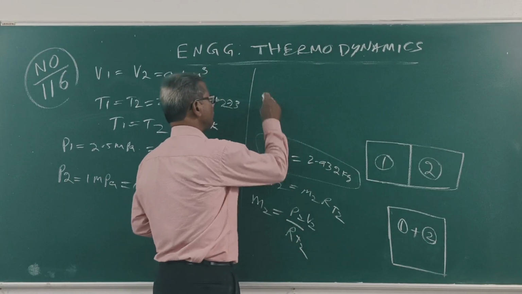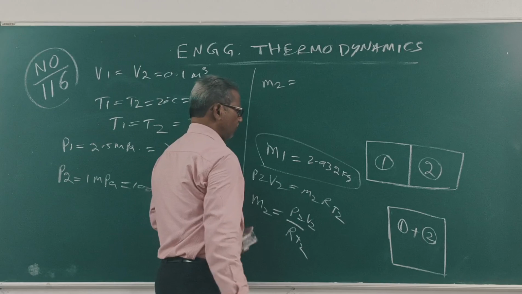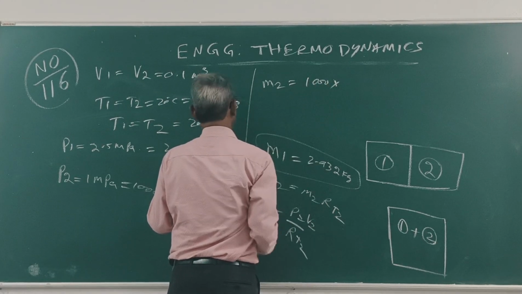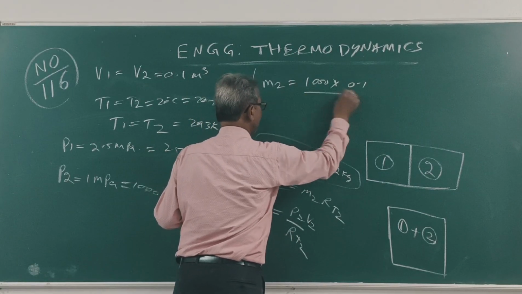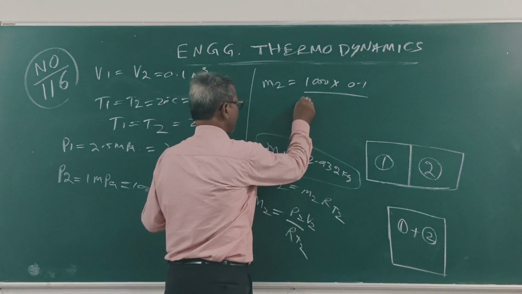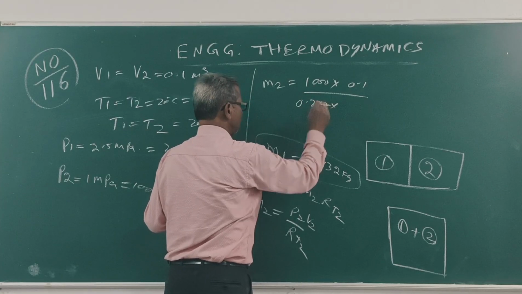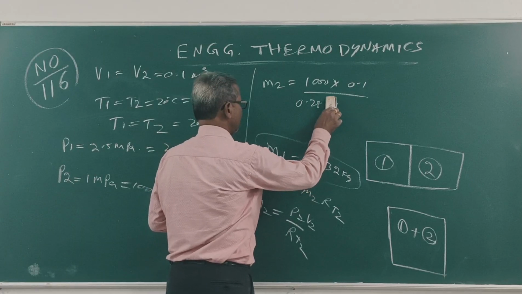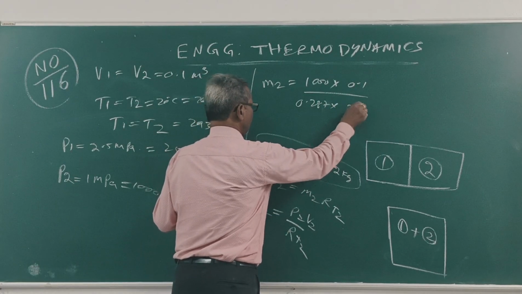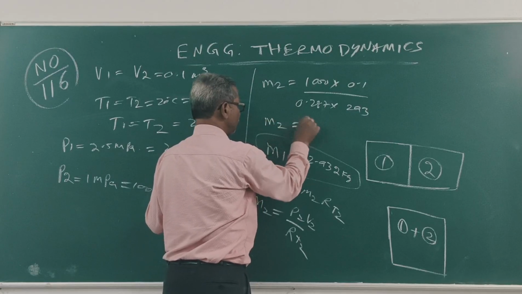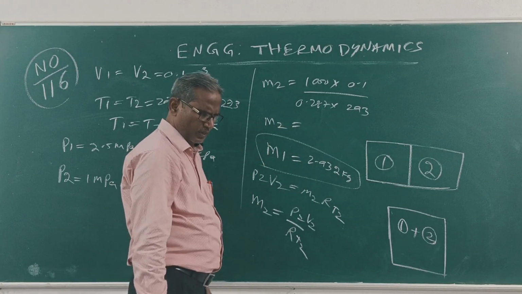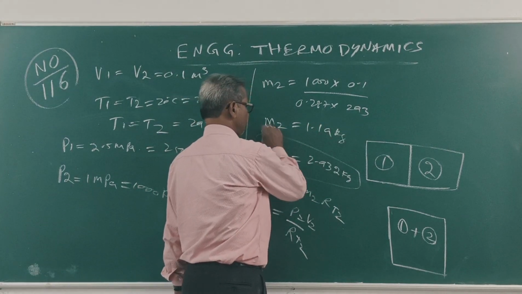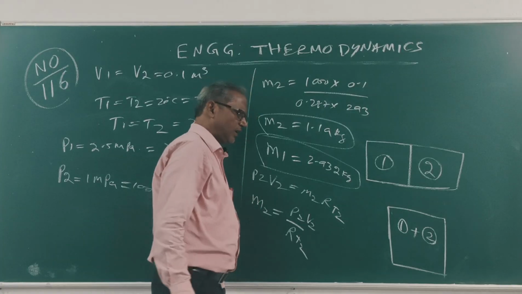So M2 is equal to P2 V2, P2 means 1000, into V2 means 0.1, by R T2, where R is 0.287 into T2 means 293. So M2 is equal to 1.19 kg. This is for 1 and 2.